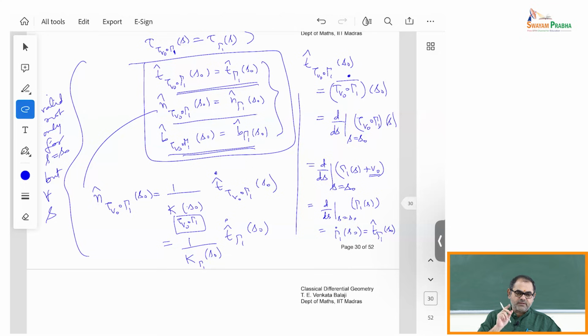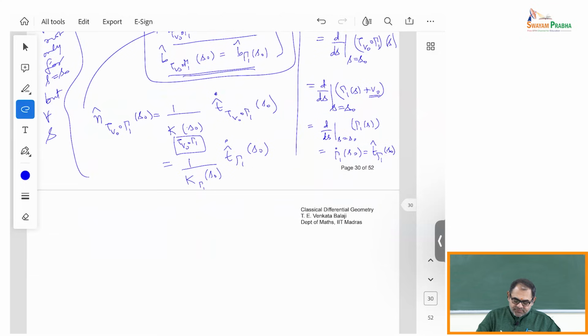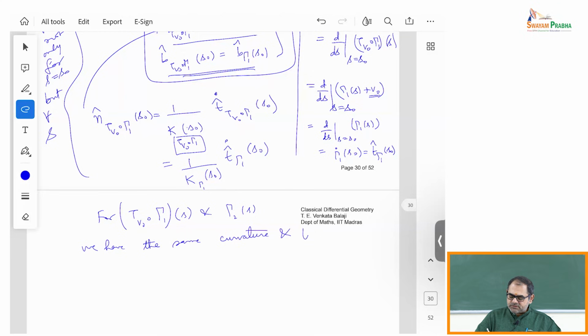That's where the issue actually comes. So for T_v0 circle gamma 1 and gamma 2 of s, we have the same curvature and the torsion functions.